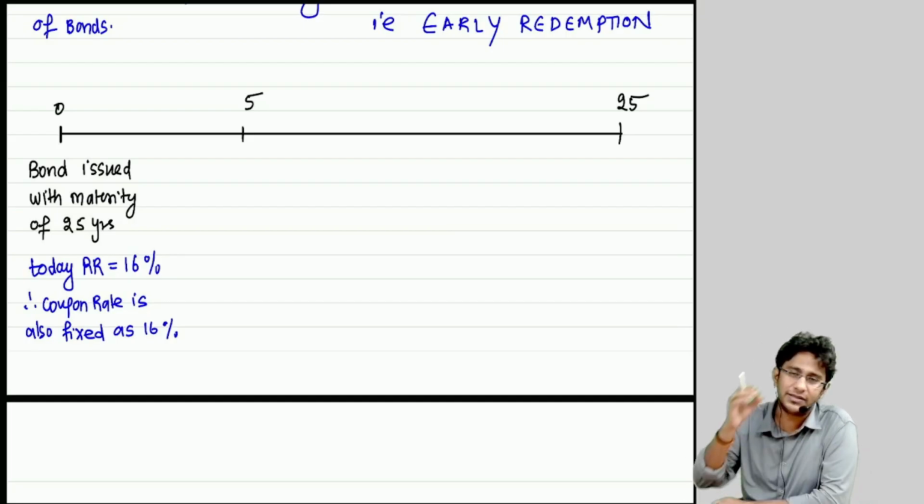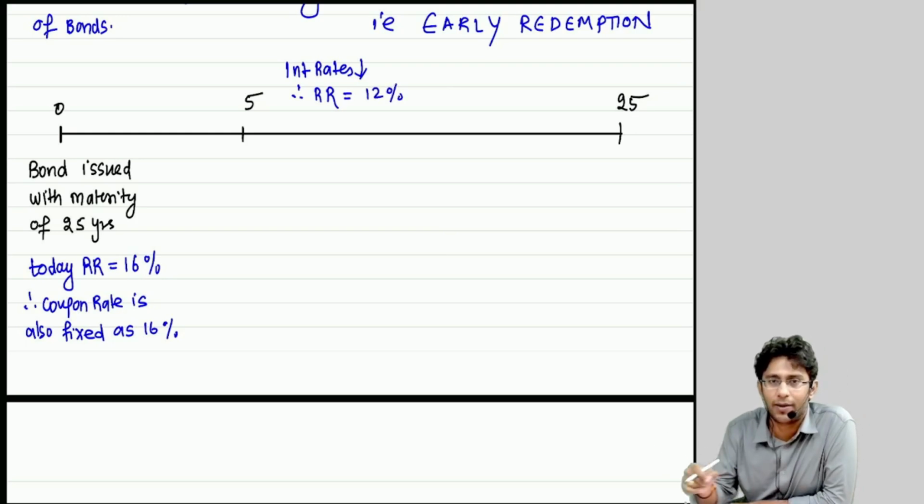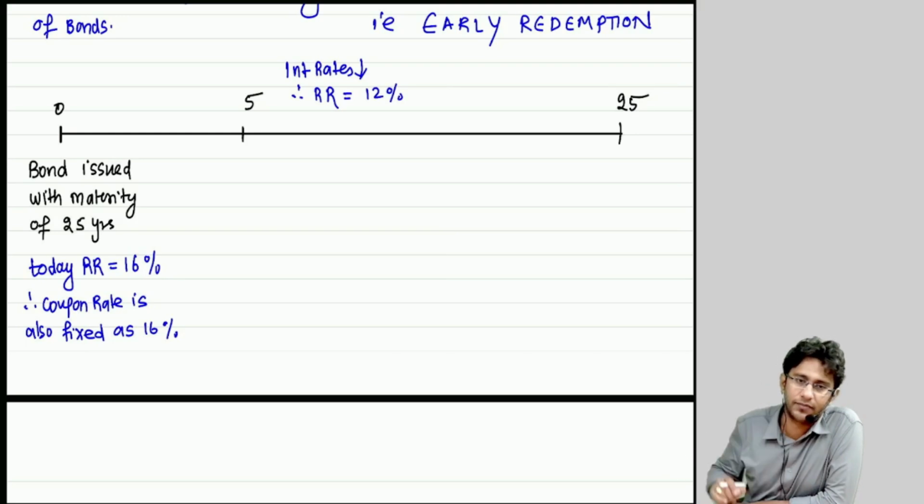Why is the company saying so? The company feels like this. If after 5 years, market interest rates drop, and therefore today the required return is 12% only, the company can raise money in the market at 12%, but unnecessarily on the current bond they are paying 16%. And if you don't do anything for another 20 years, you have to keep doing that.